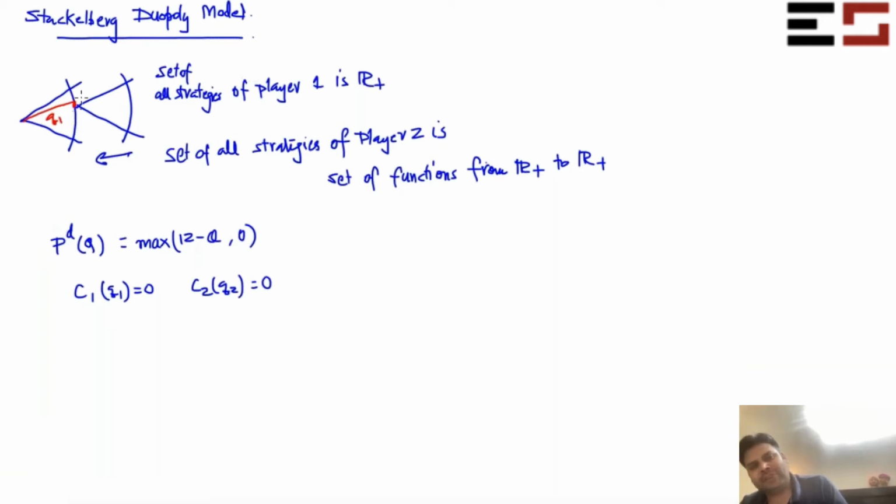Player 1 is going to take into account how player 2 is going to play at each of these points, and then decide his q1. We have already solved this game when we were solving for the Cournot equilibrium, so we already know how to figure out player 2's strategy.